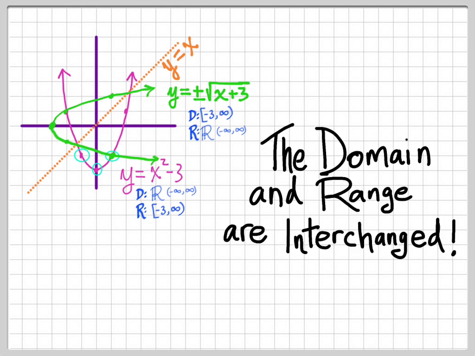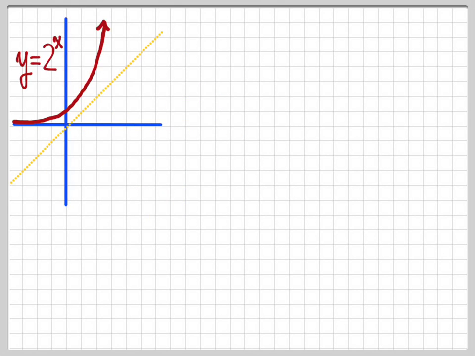So let's see another one here. This is a kind of cool one. Exponential function of y equals 2 to the x, and there's our line y equals x, our line of symmetry. And if I reflect that very simple curve across that line, it looks like this. Now, that has an equation that you may or may not know much about. If you don't, don't worry about it. You're going to be a master of log functions in a little while.